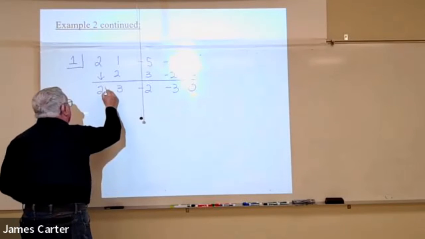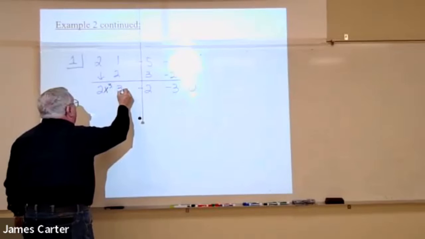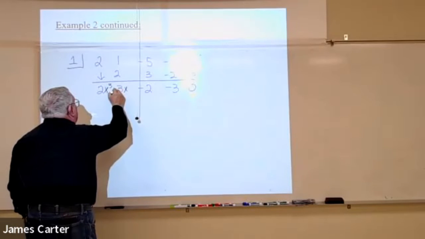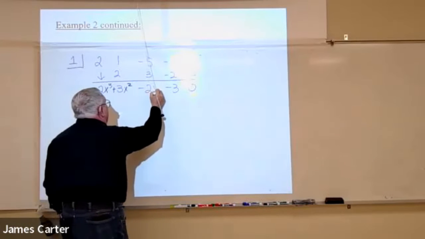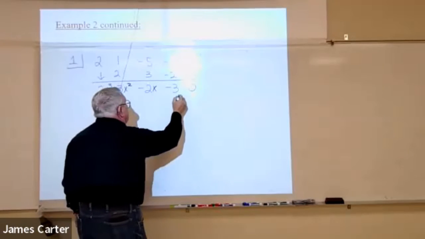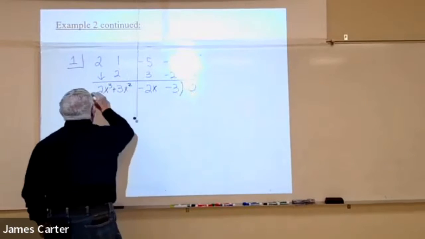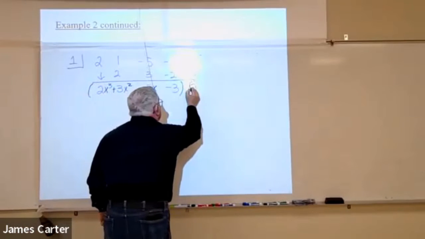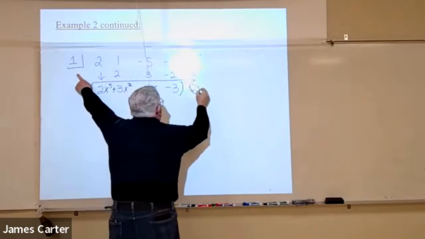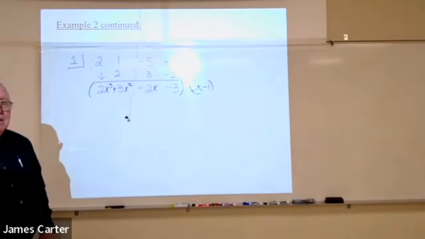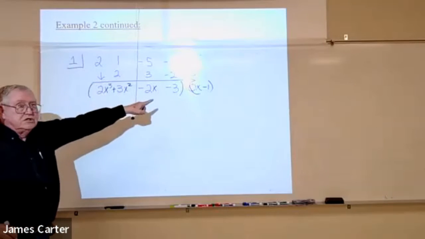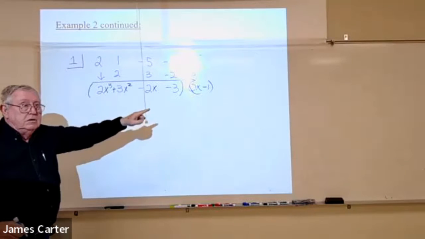So now they've got 2x cubed plus 3x squared minus 2x minus 3, times x minus 1. Because remember, this is always the root compared to the factor.